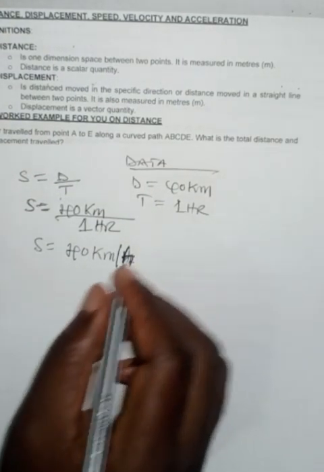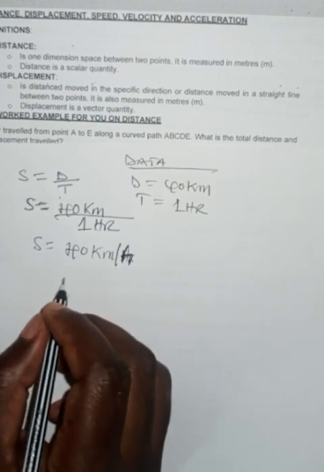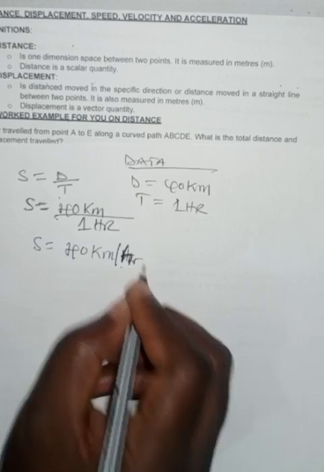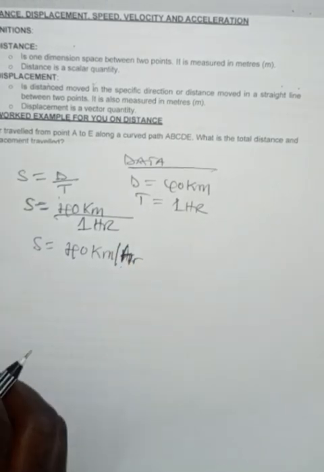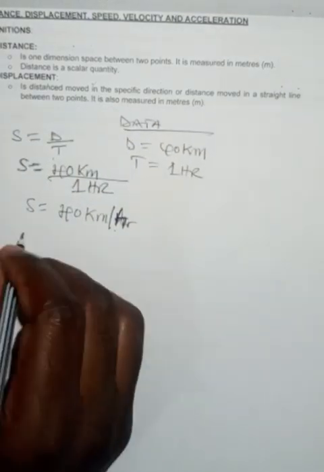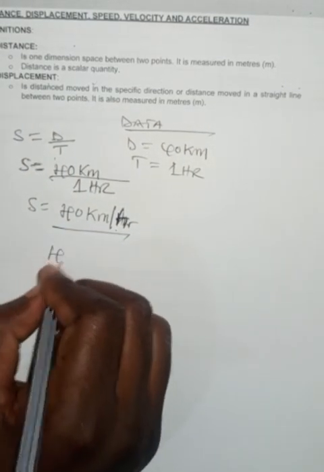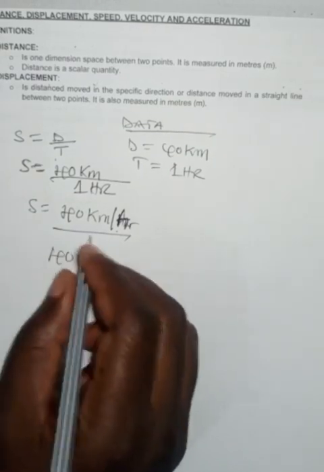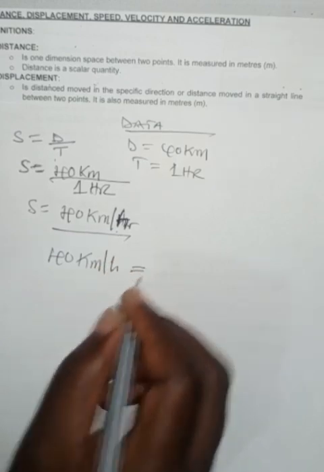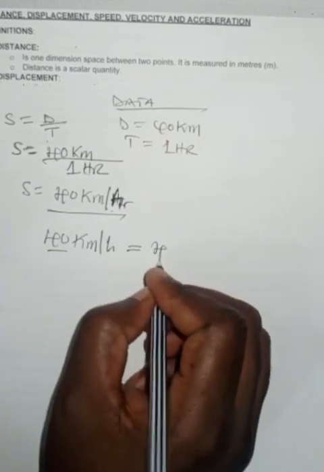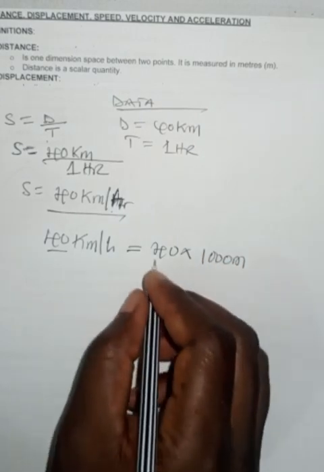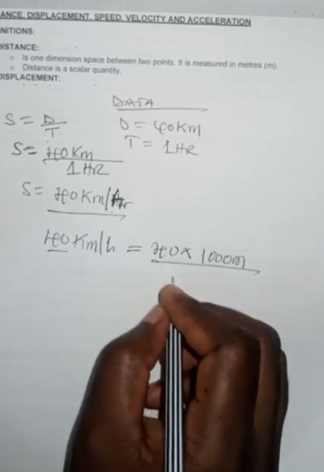Now remember that speed should be in meters per second, not in kilometers per hour. So there's a need for us to convert this to meters per second. Now how do you convert? You're converting this 40 kilometers per hour, so you simply take the same 40 and multiply it by 1000 meters over 1 hour.